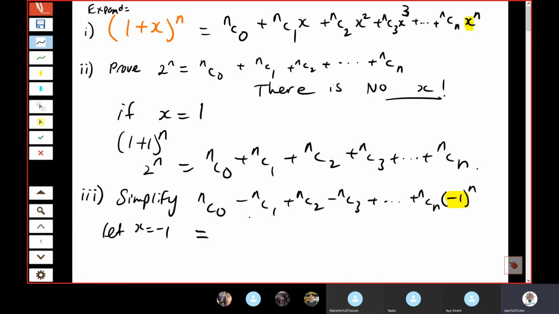The nC1 is not getting bigger, it's just negative, then positive because it's squared, then negative because it's cubed, and so on. So let x equal negative 1, which means 1 minus 1 is 0, so to simplify this, the answer is just 0.